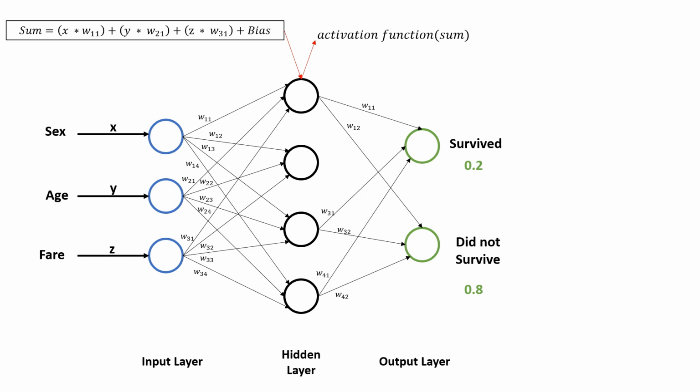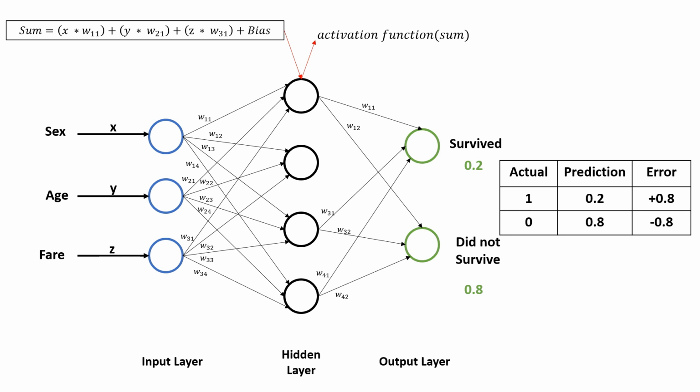Then the predicted output is compared with the actual output to realize the prediction error. In this case, the actual output should be 1 for survived and 0 for did not survive. The negative error indicates the predicted value should be lower, while the positive error indicates that the predicted value should be higher. This information is then used to transfer backward through our network.